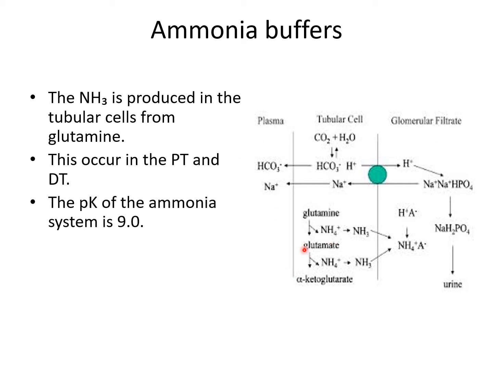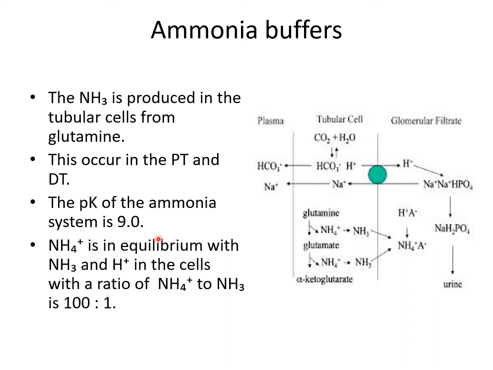The pK of this ammonia buffer system is 9.1, which is not so effective. As we know, the urinary pH is nearly 6.5 to 6.8, whereas the pK of this buffer system is 9.1. So, taking the urinary pH as 7, the ratio is 100:1.